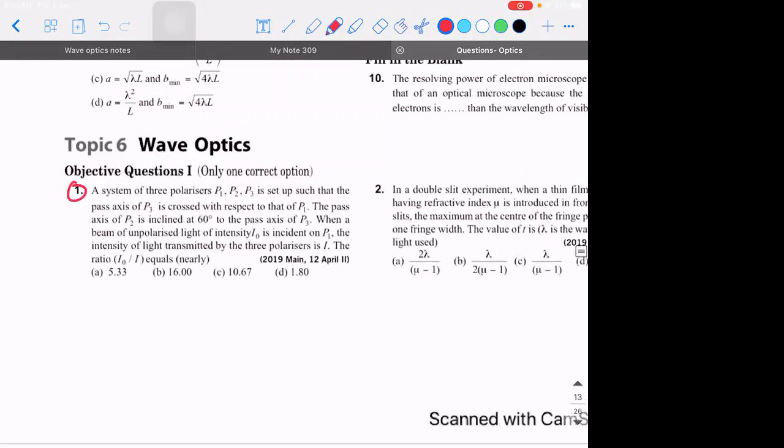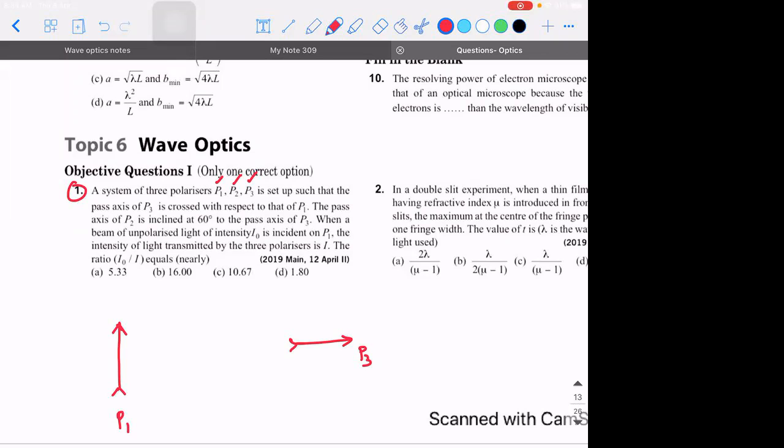Let's try this one. There is a system of 3 polarizers P1, P2, and P3 set up in such a way that the pass axis of P3 is crossed with respect to P1. So if I take this as P1, then the cross axis of P3 is perpendicular to P1. Are you able to understand this? Cross means perpendicular.